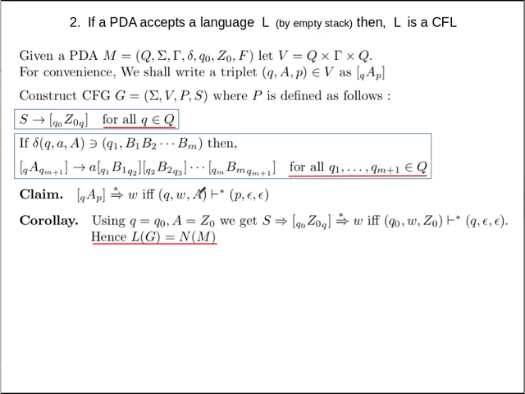So if it starts from this ID, then after some number of steps it consumes all the symbols here, so this becomes epsilon, and after consuming this the stack becomes empty. You see that there is nothing in the stack, so this part is for the stack string, right? And the state is P.